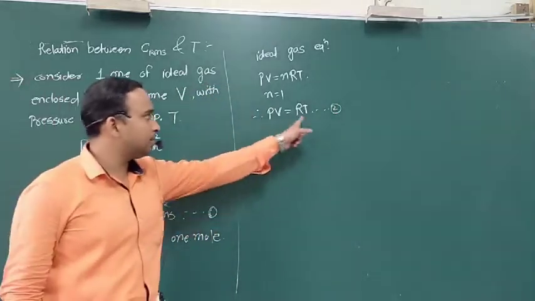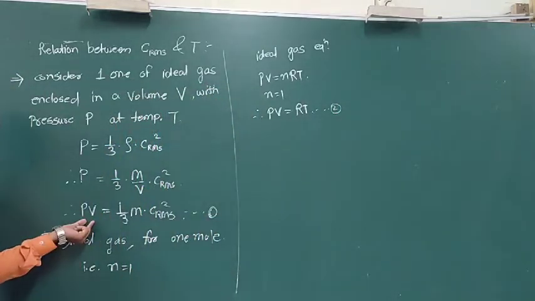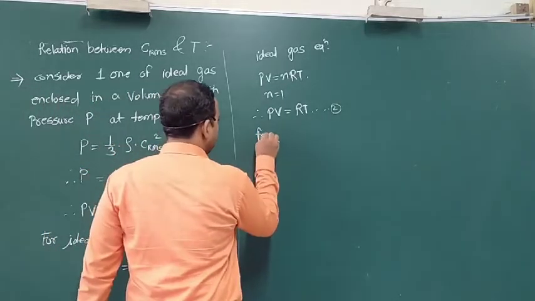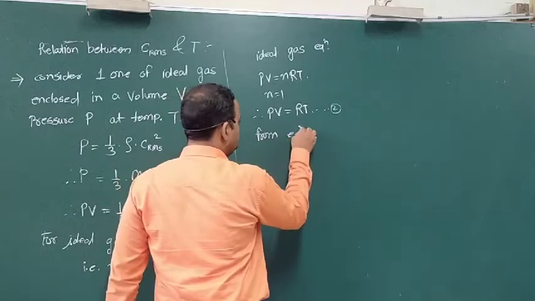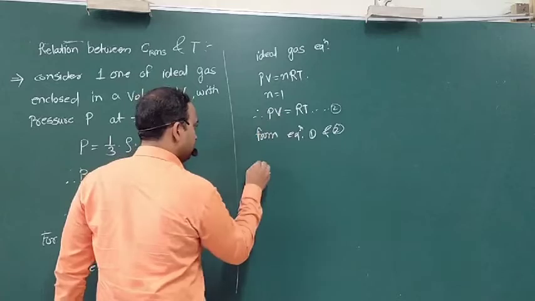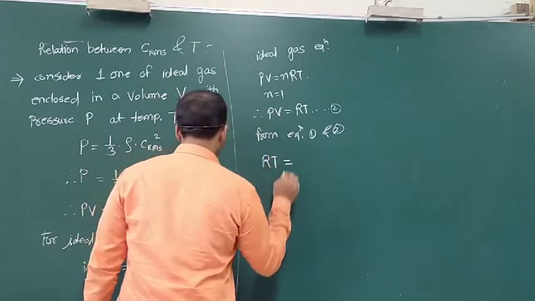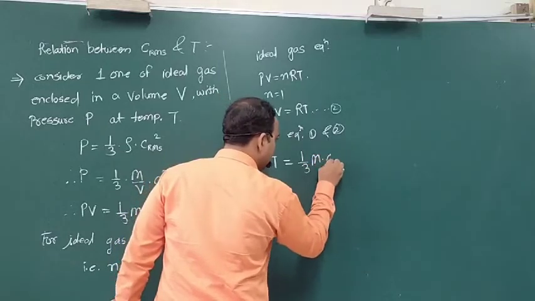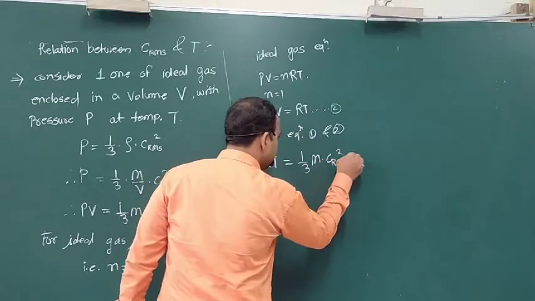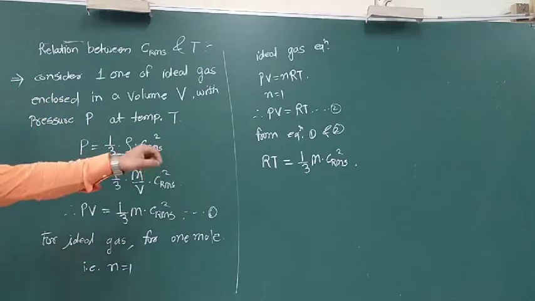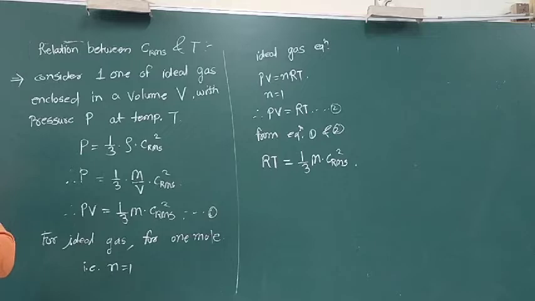Now see here, PV is equal to RT. From equation 1 and 2 we get PV is equal to RT. Therefore RT is equal to 1 by 3 into m into C RMS square.